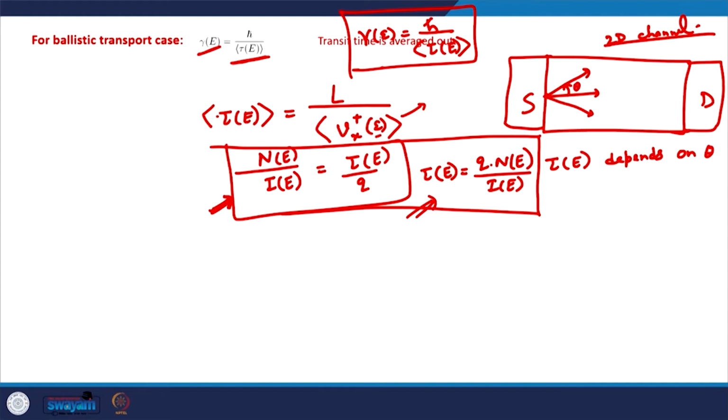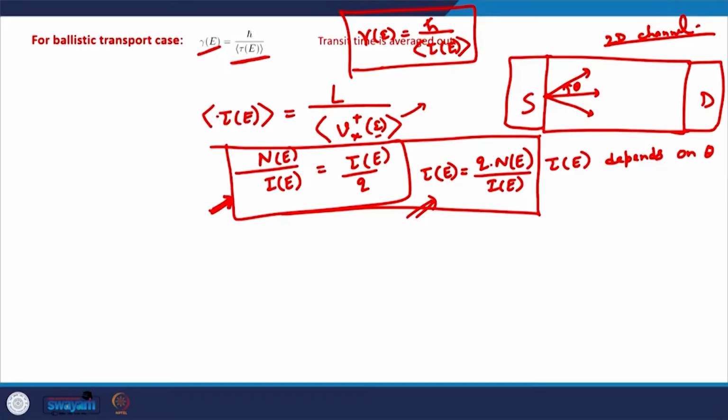Now, the situation that is different in diffusive transport from the ballistic transport is scattering. Electrons are undergoing scattering in the case of diffusive transport, and that is why it is actually called diffusive transport, because electrons are diffusing from the high concentration, which is the source side, to the area of low concentration, which is the drain side, and that is the way electrons are traveling from the source to the drain.